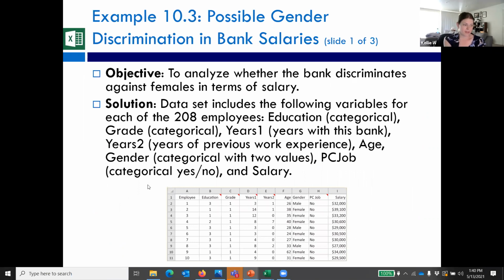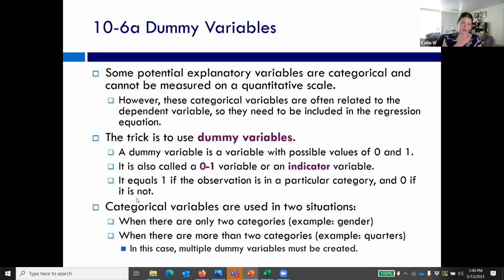So you do a dummy variable for each quarter: quarter 1, quarter 2, quarter 3, quarter 4. Then for any particular data point, if it's quarter 2, then Q1, Q3, and Q4 would be 0, and the value for Q2 would be 1. Does that make sense? So that's how you would do it for something like that.